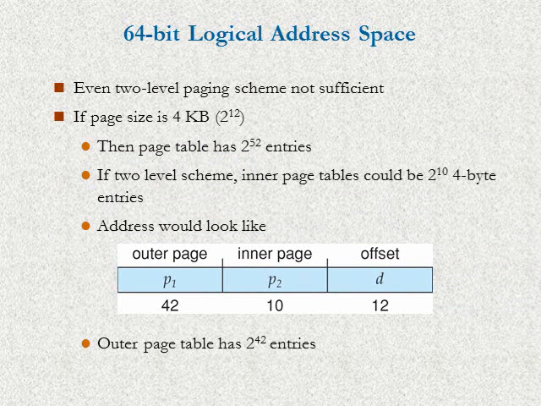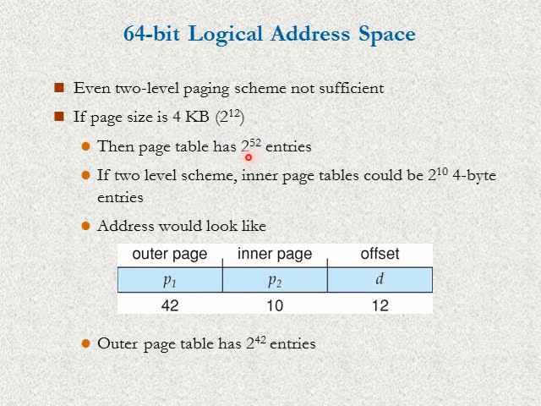This scheme may work fine for a 32-bit architecture. However, when we move to a 64-bit logical address space, even this two-level paging is not sufficient. Let's consider an example where we have a page size of 4 kilobytes in a 64-bit logical address space. This will leave around 52 bits out of the 64 bits, so our page table has 2 raised to the power 52 entries.